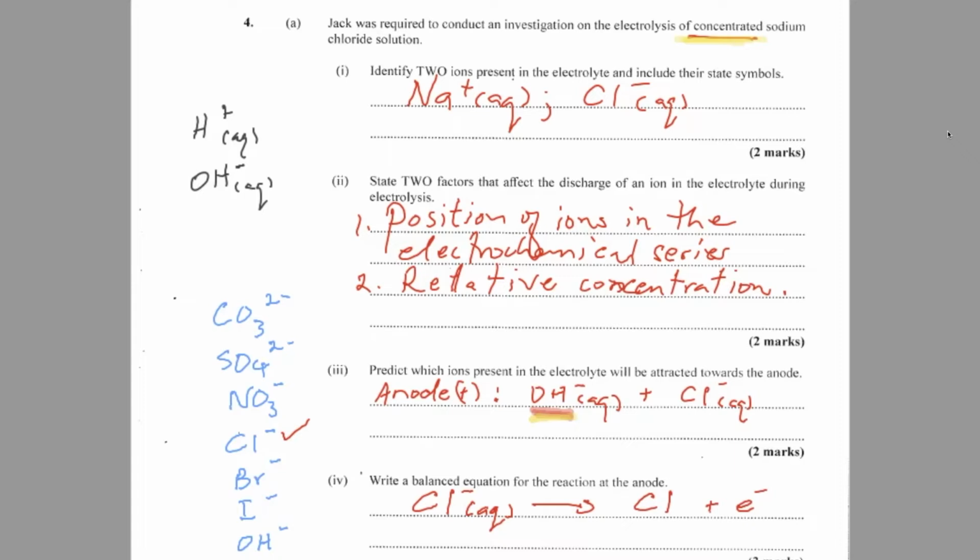But of course, chlorine is diatomic, so we'd have to write this as Cl2. So this reaction would take place twice, and the moment it happens, we'd end up with chlorine being formed, Cl2. So this is our balanced chemical equation for what's happening at the anode. 2Cl minus aqueous to give chlorine gas, that's Cl2, plus 2 moles of electrons.